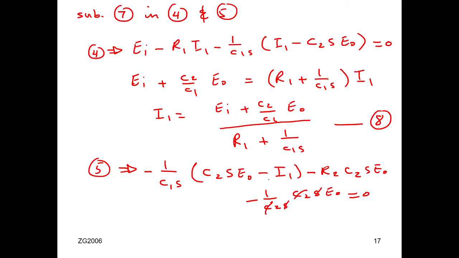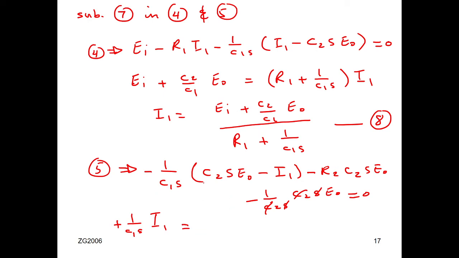Let me solve for I1 because we're going to use it in equation number 8. Let me simplify this first. We can solve for I1 from here and take E out to the other side. So from here we have plus 1 over C1 S, multiplied by I1. This is the only term for I1.